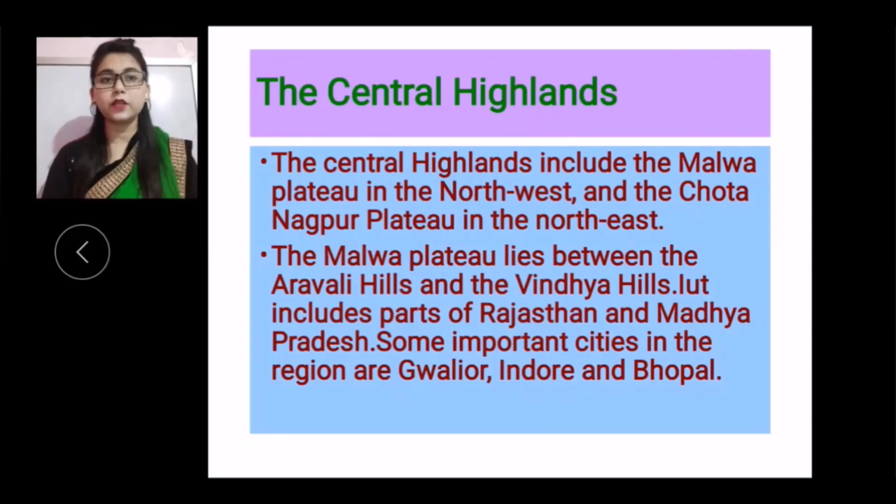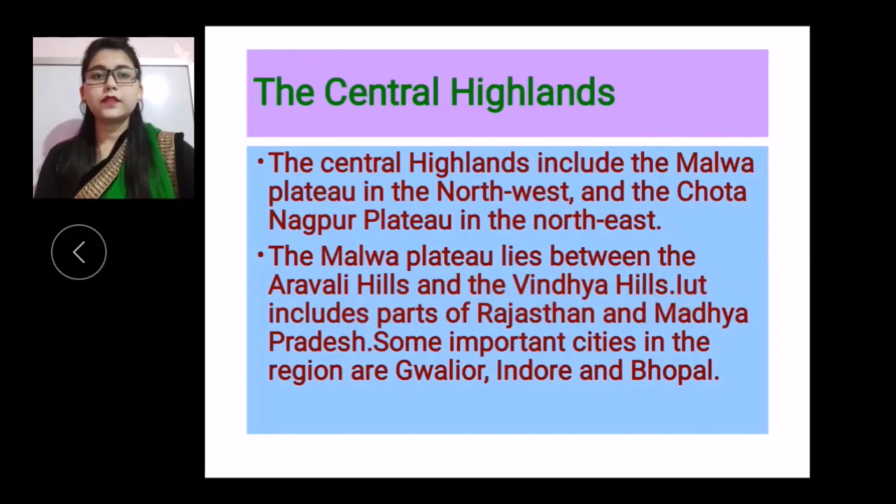The Malwa Plateau lies between the Aravalli Hills and the Vindhya Hills, and it includes parts of Rajasthan and Madhya Pradesh. Some important cities in the region are Gwalior, Indore and Bhopal.